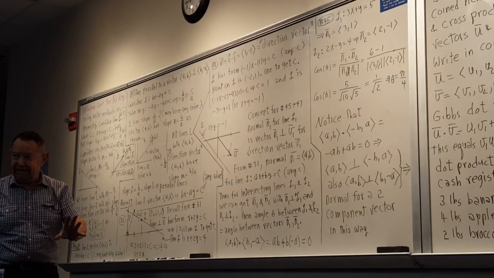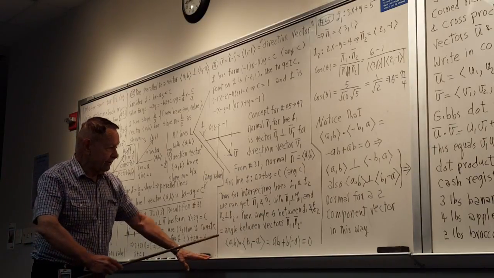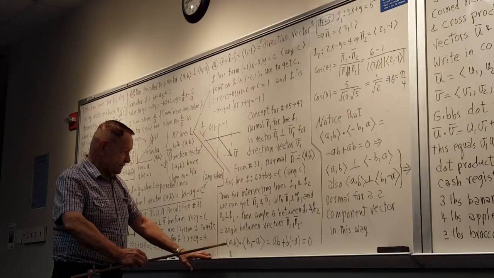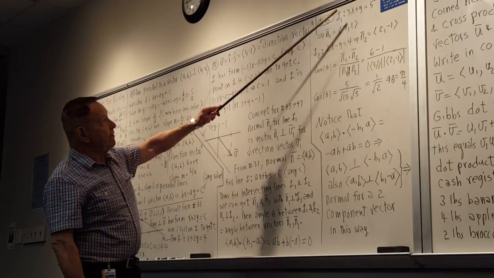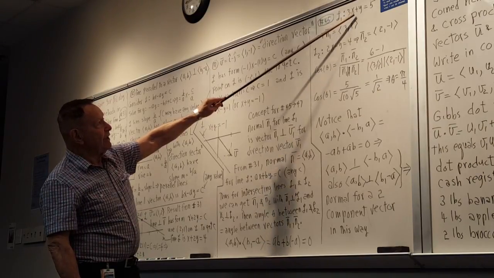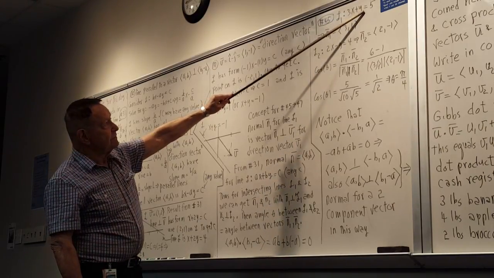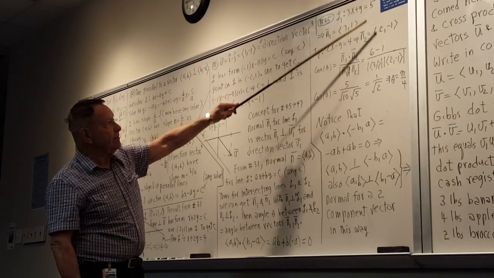You've added 90 to each one, so the total is the same. So, for example, if you look at problem 45, you have line L1, 3x plus y equals 5, given.